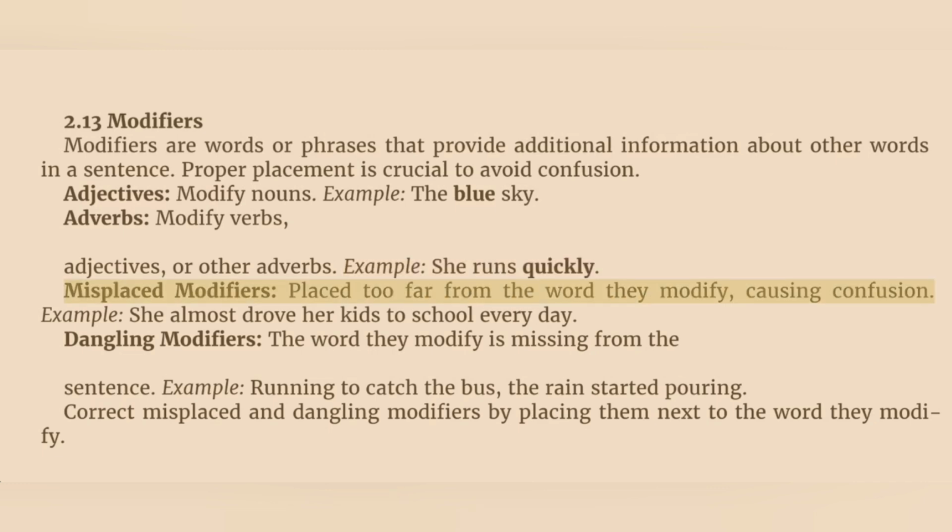Misplaced modifiers are placed too far from the word they modify, causing confusion. Example: she almost drove her kids to school every day. Dangling modifiers: the word they modify is missing from the sentence. Example: running to catch the bus, the rain started pouring. Correct misplaced and dangling modifiers by placing them next to the word they modify.